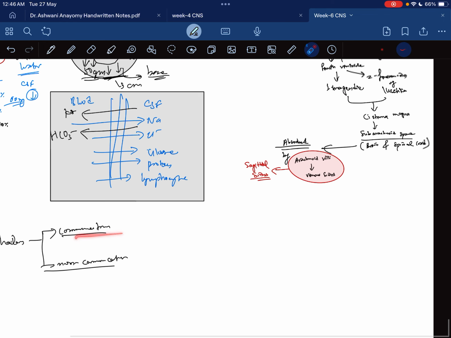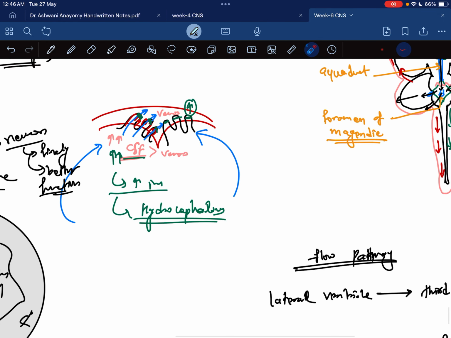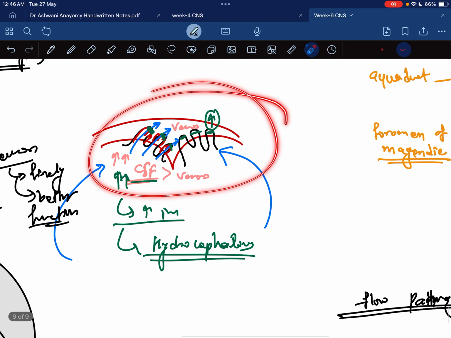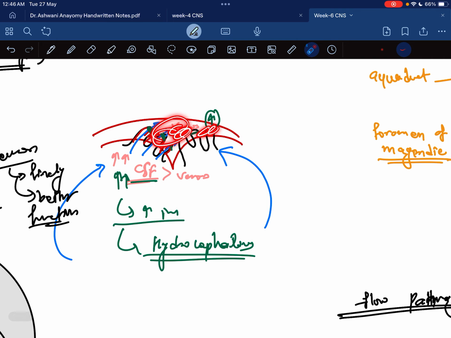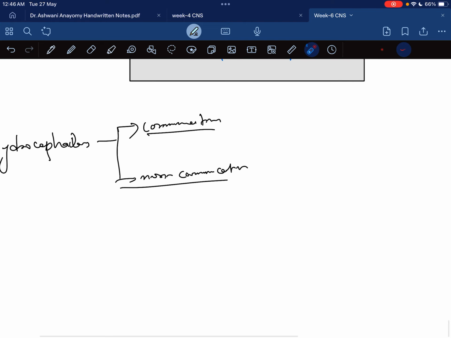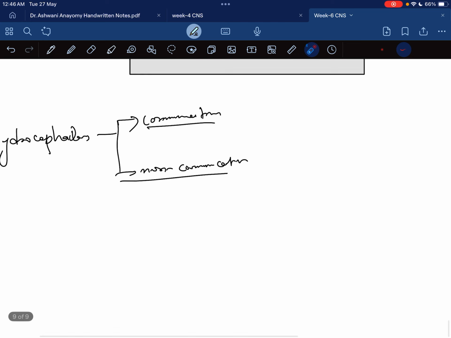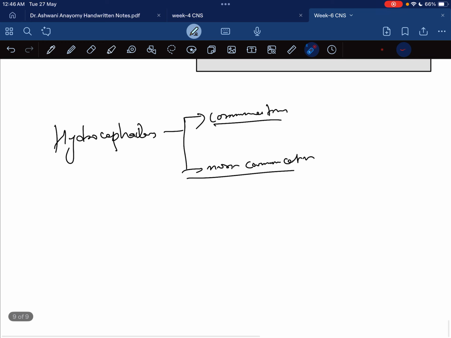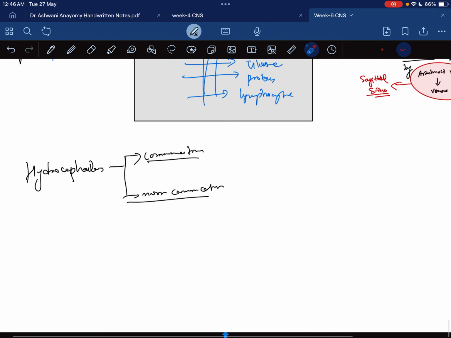In communicating, there is an effect in the sinuses, and a blockage leads to hydrocephalus with increased CSF. Obstruction leads to ventricle dilation, head swelling, and brain damage.